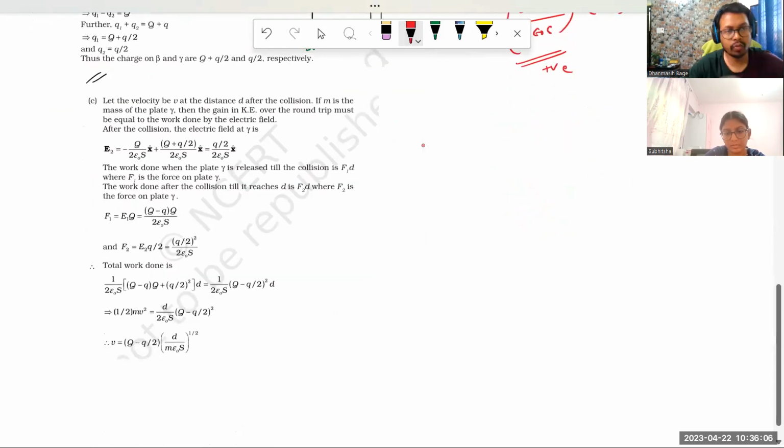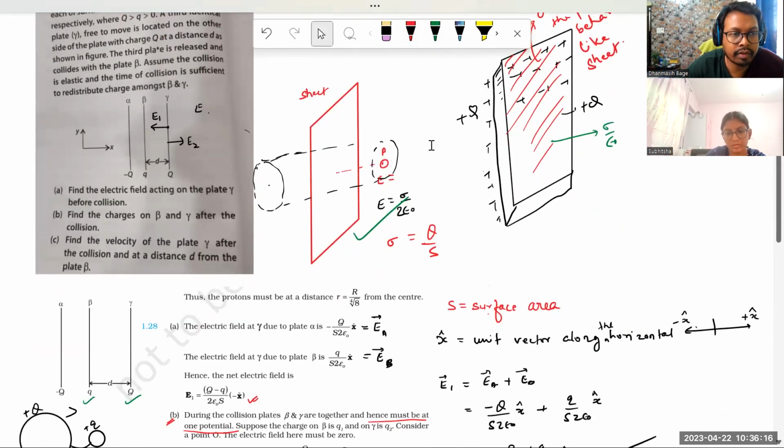Okay, now here, this part is a bit complicated. Let me see how they have done it. Let the velocity be, what's the question? Find the velocity of the plate gamma after the collision and at a distance d from the plate beta.